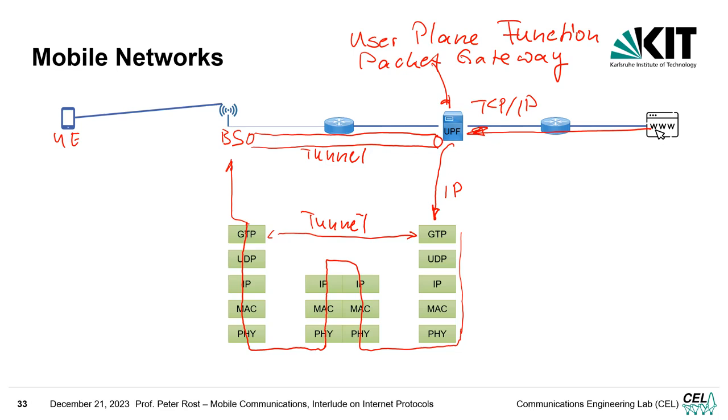Yeah. So that's the way how your IP packet, when you for instance are accessing a website, would actually reach the base station where your mobile terminal is connected. Okay. And all of this, so this protocol stack, that's then the protocol stack within the core network. So basically GTP over UDP.